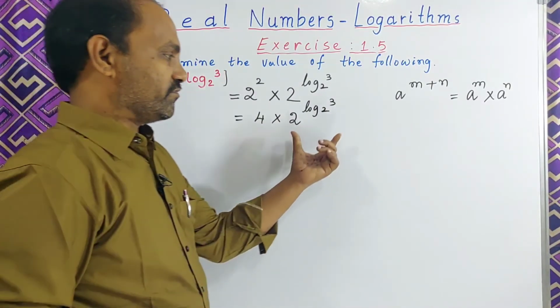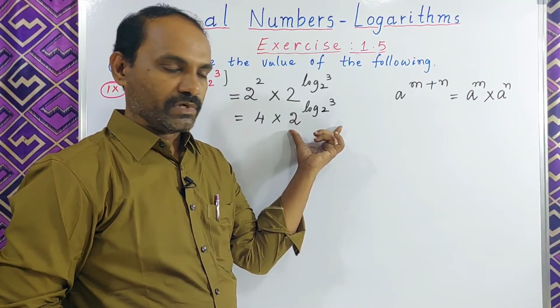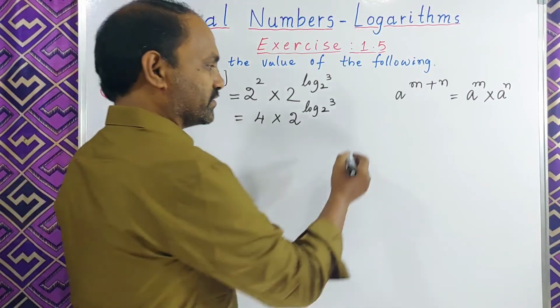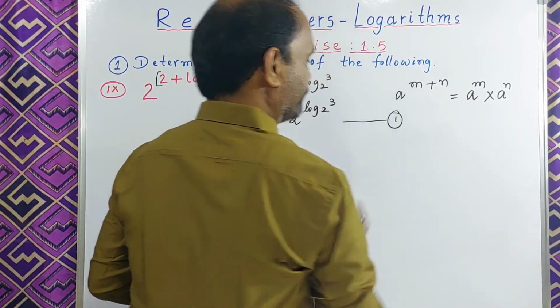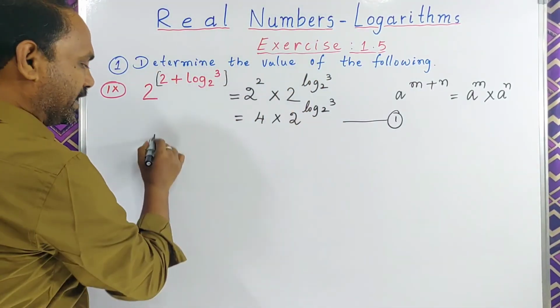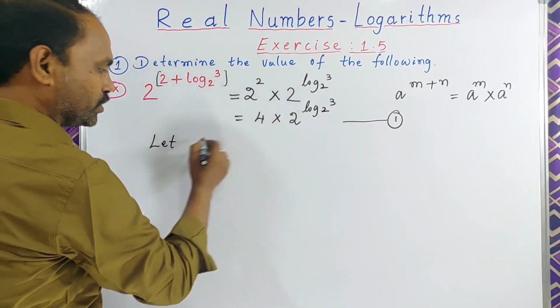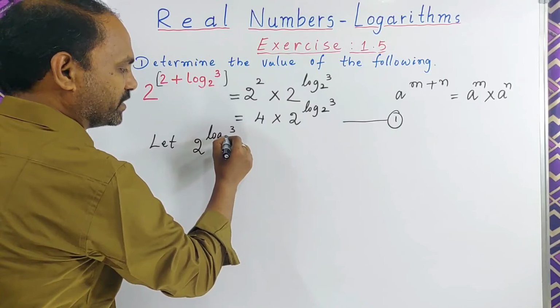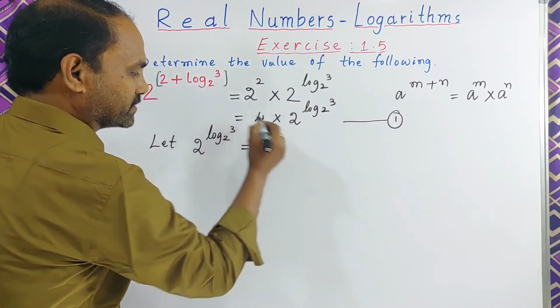Now first we will find this value. After that we will substitute this value in this one. Let 2 power log 3 to the base 2 is equal to x.